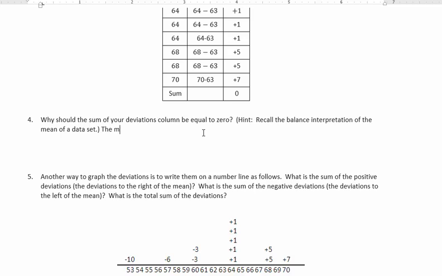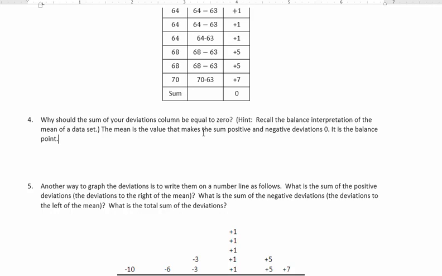The mean is the value that makes the sum of positive and negative deviations 0. It is the balance point. So that is the main idea why the deviations are 0. It's because they are that balance point.